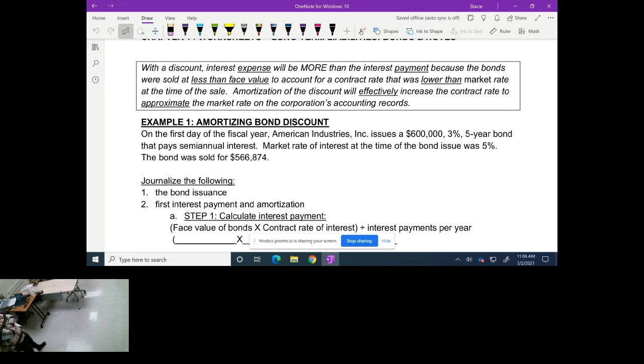And the whole purpose of the discounts and the premiums is so that at the end of the bond period, the bondholder has been paid market rate of interest. Now, it may not be in every interest check they get. They may get it on the front end, they may get it on the back end, but they're still going to get it at some point.